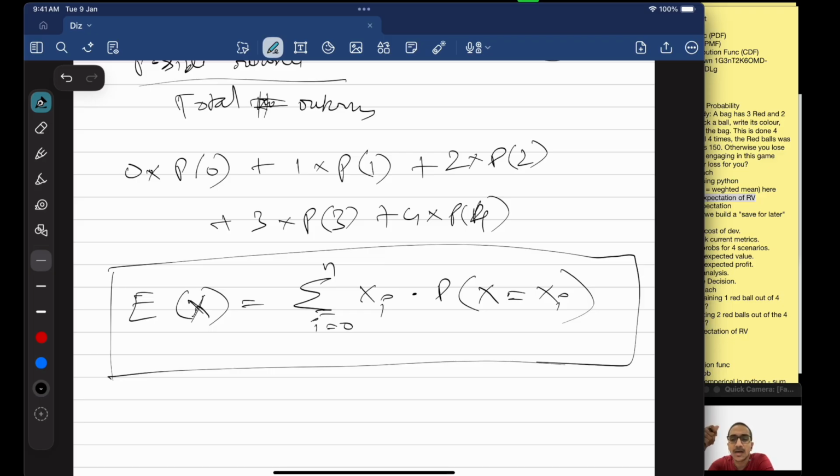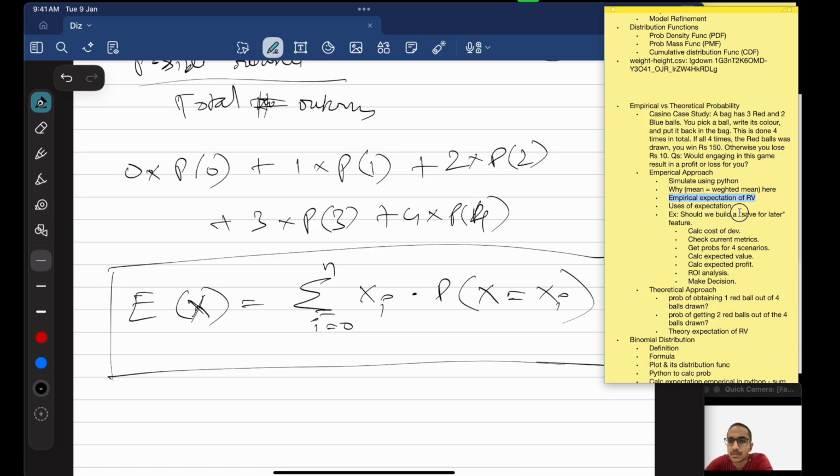So it's the weighted average of the random variable times the probability of the random variable. So that's basically what expected value is. I hope that was clear. I don't think there is anything else that I have to say.